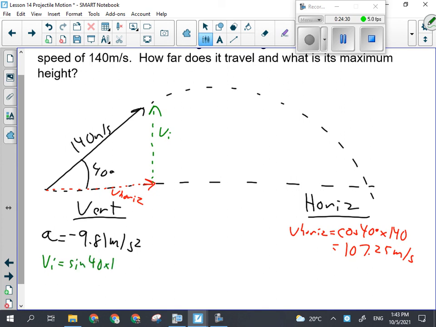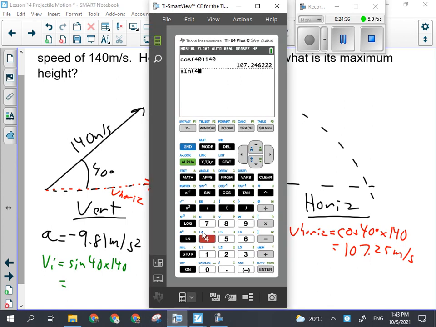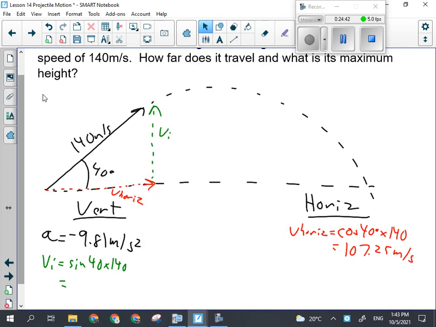Sine of 40 times 140 meters per second. All right, so 89.99. And that's positive because it is initially moving upwards.